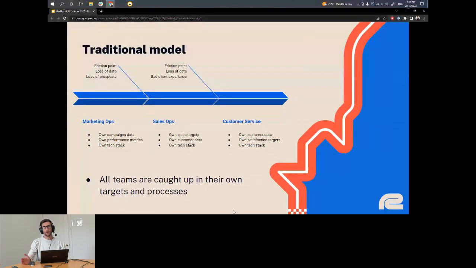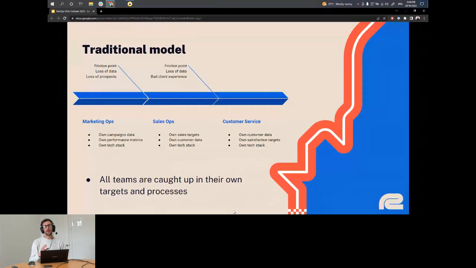So you have siloed departments with disparate missions, disconnected customer experiences, and disjointed analytics. The customer goes from one team to the other in a rough journey, and they are not at the center of that journey. In your organization, each department has their own data, their own metrics, their own targets, their own tech stack, and their own processes.